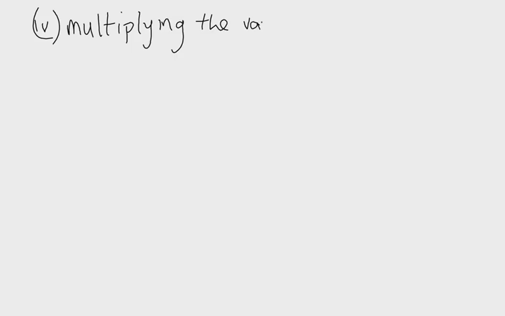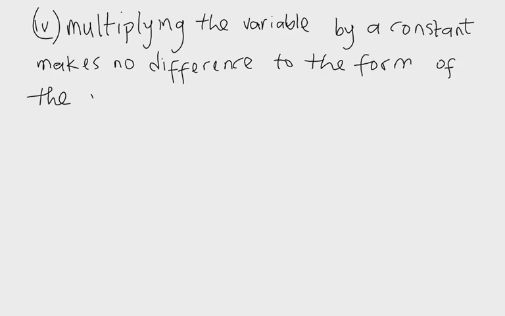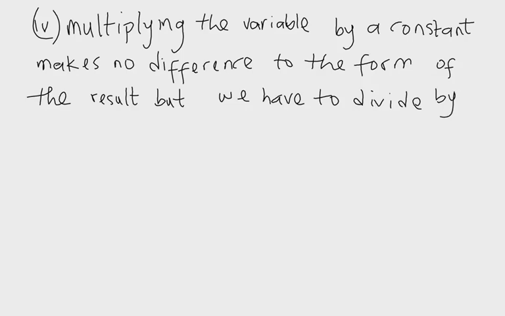That's law 4: multiplying the variable by a constant makes no difference to the form of the result, but we have to divide by the constant.